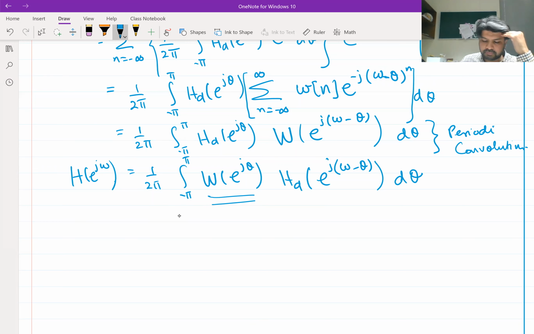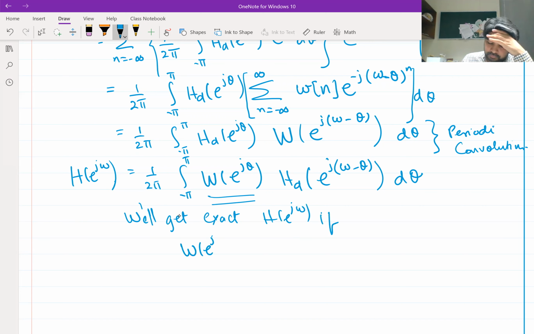This is a periodic convolution between w of e to the power j omega and hd of e to the power j omega, and we know that we would get hd of e to the power j omega exactly equal to h of e to the power j omega if w of e to the power j omega is what? What do we convolve with to get exactly the same thing back? One. So it would be an impulse function.